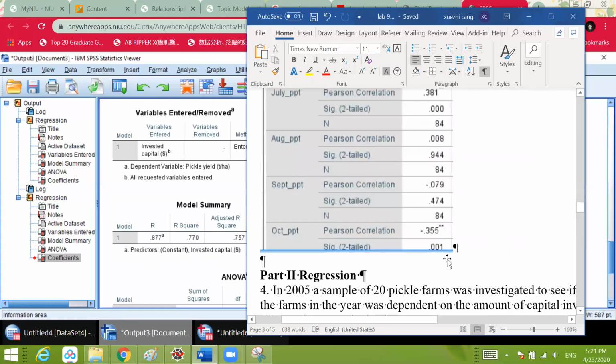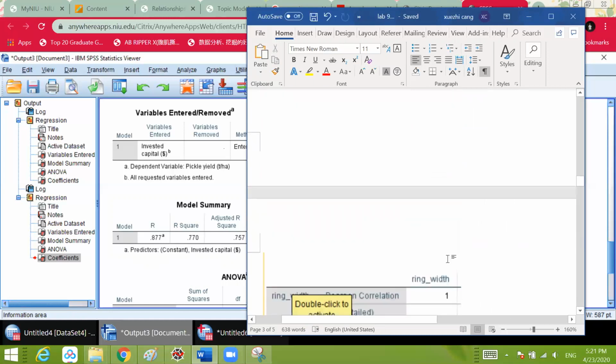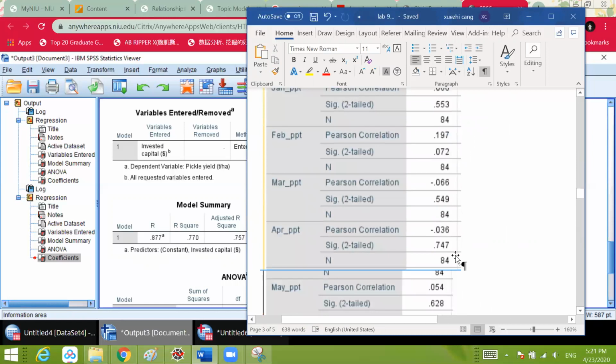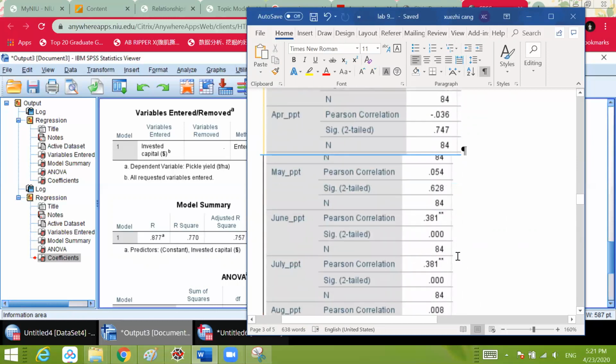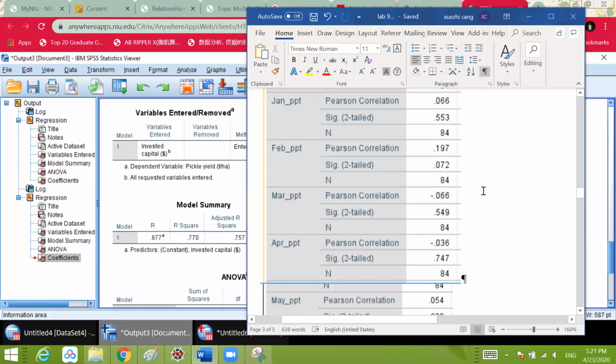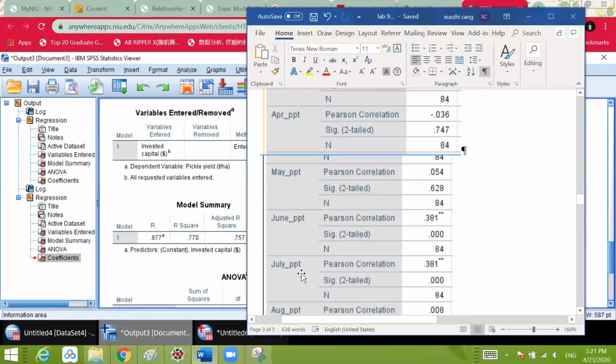Let's go back to the earlier one, question 3. If we want to know what percentage of the tree ring width is explained by, let's say, July precipitation, here the r is 0.38.